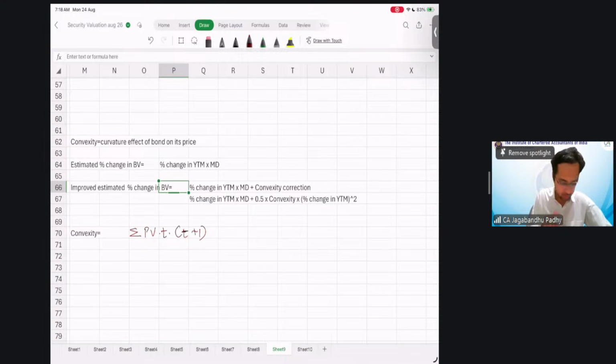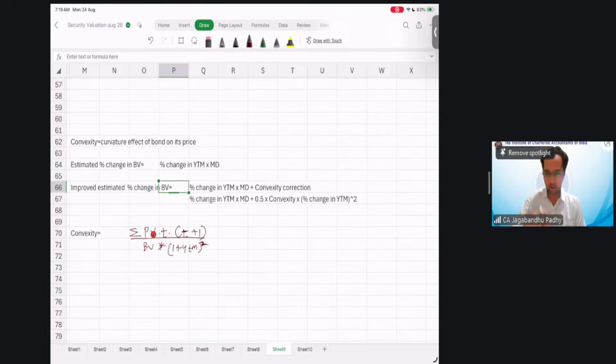That summation of PV into T into (T plus 1) is divided by bond value multiplied by (1 plus YTM) square. This is the formula for convexity.